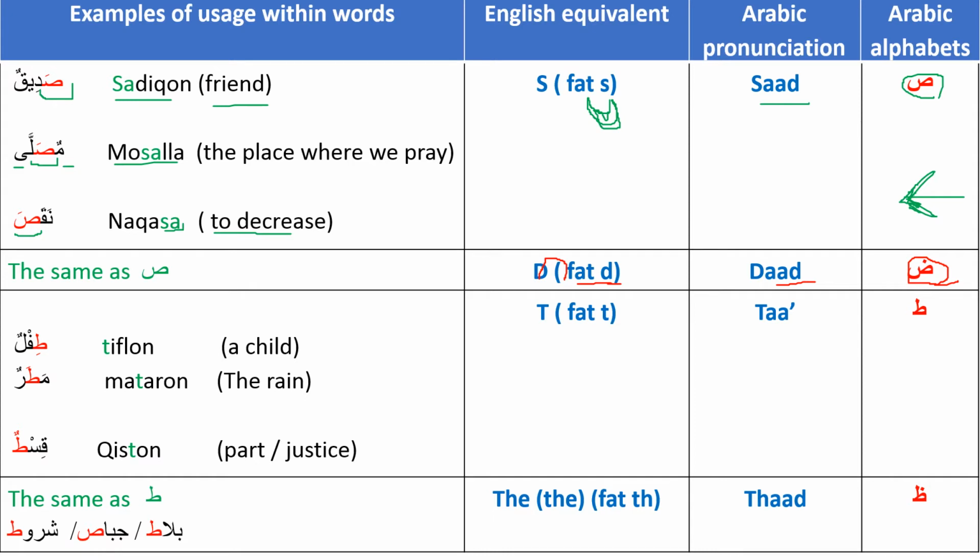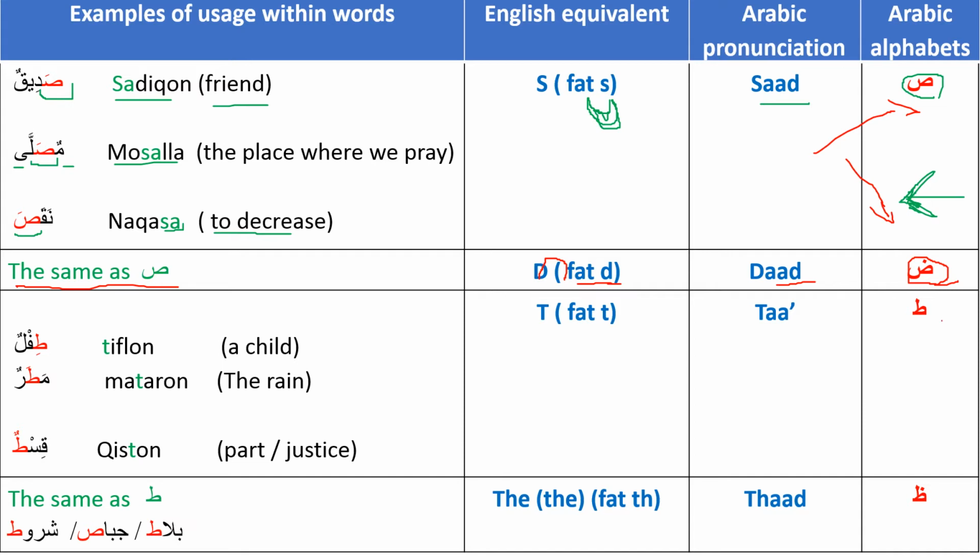Concerning how we write it within words, it's just the same as Sad. What applies to Sad applies to the letter Dad also. So there are exceptions which we are going to see at the end of the lesson.